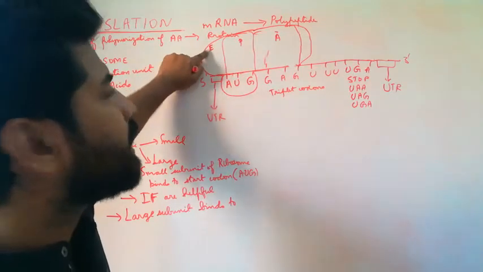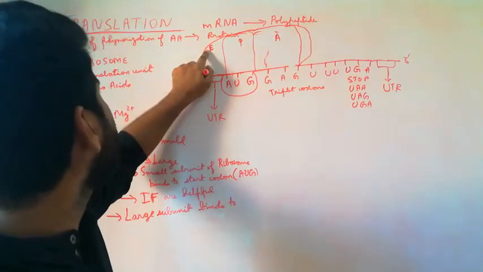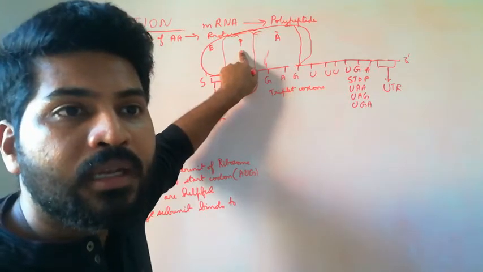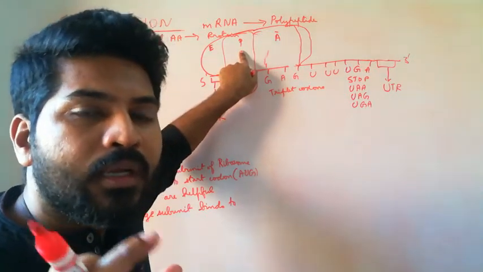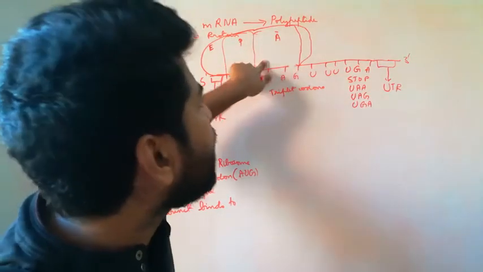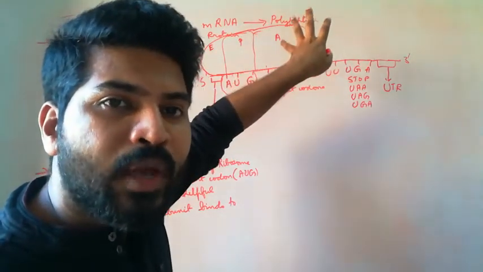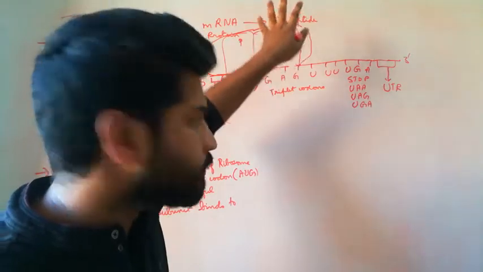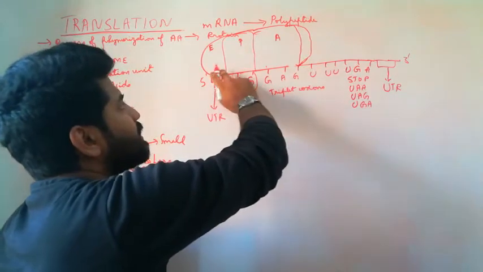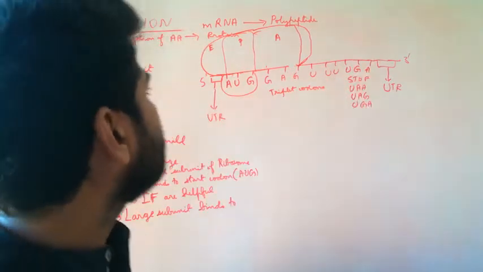The E site is called the exit site, from where the tRNAs leave. The P site is called the peptidyl site. This is the site where the polypeptide chain is being formed or elongated. And A is the aminoacyl site. This is where the new amino acid carrying tRNA comes and binds. So those are the three sites, E, P, A, read in the 5 prime to 3 prime direction.